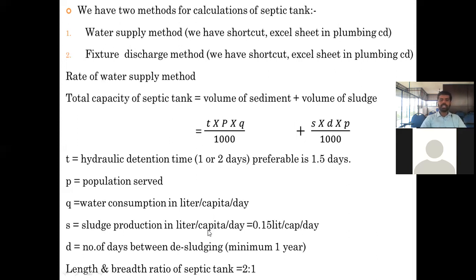For example, if the breadth of the septic tank is 2 meters, the length should be 4 meters. If the breadth is 4 meters, the length should be 8 meters. So we have to keep that in mind: the length and breadth ratio of a septic tank is 2:1. Two is length, 1 is breadth.